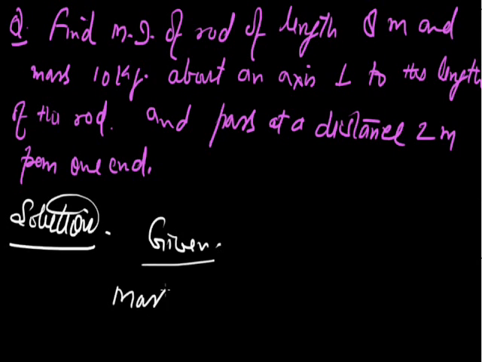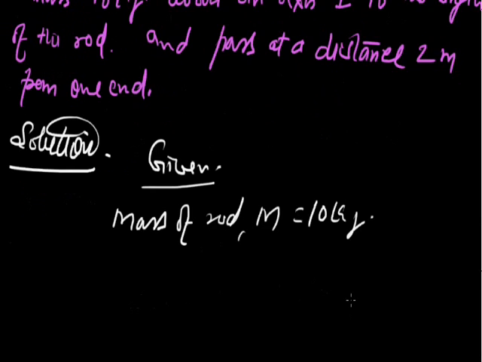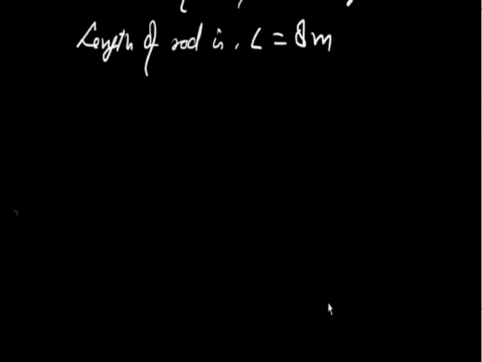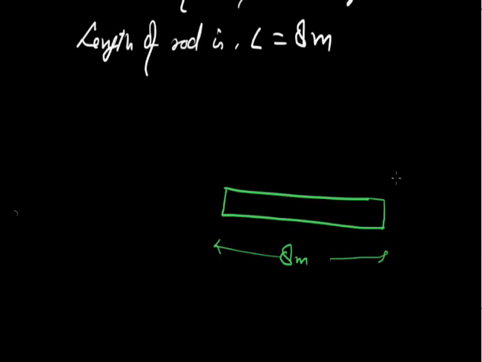Mass of rod, capital M, is 10 kilogram, and length of rod, capital L, is 8 meter. By figure we can draw the rod, its length is 8 meter and mass capital M is 10 kilogram.